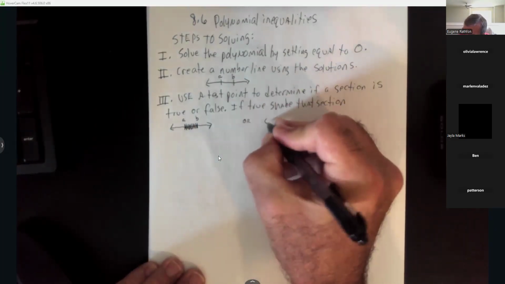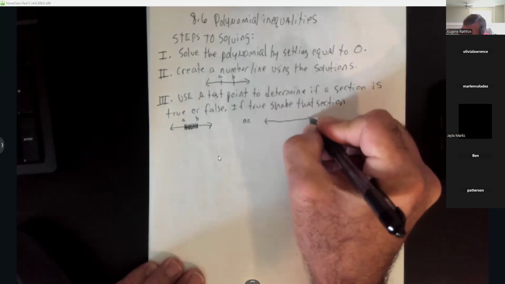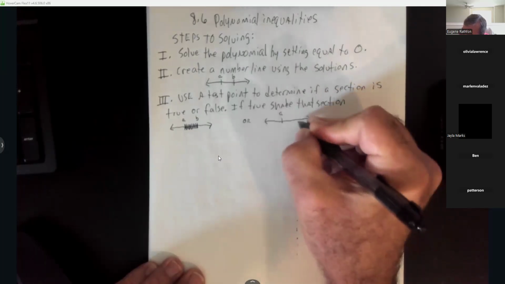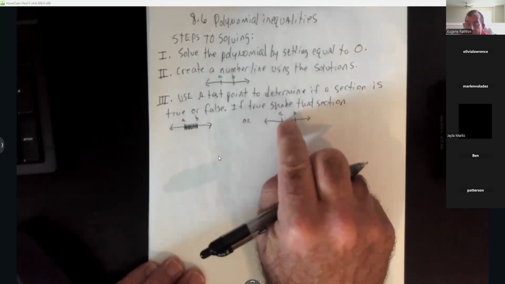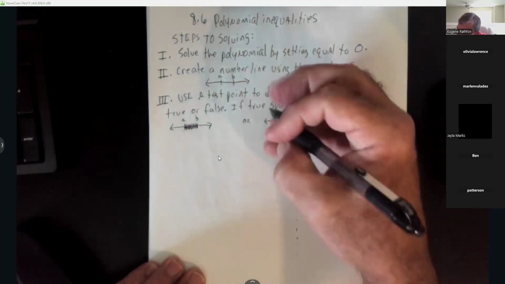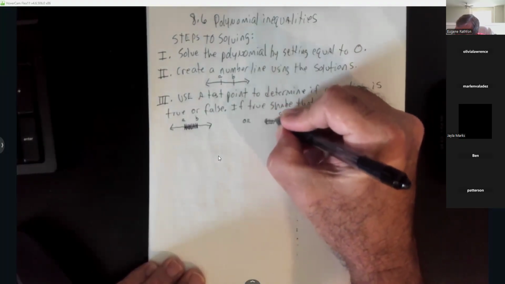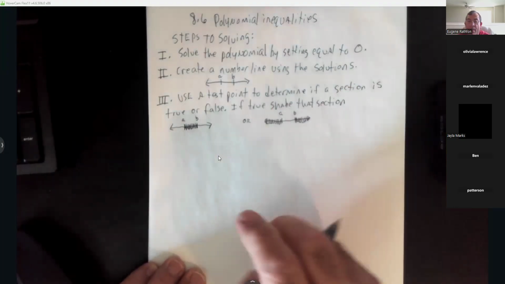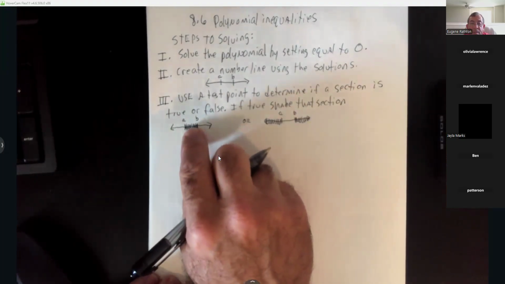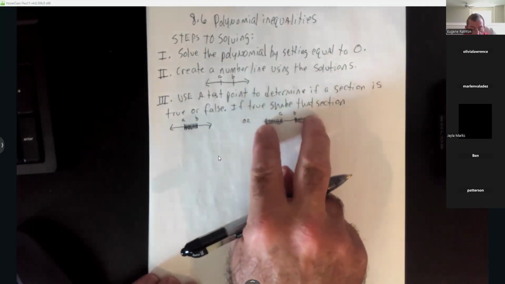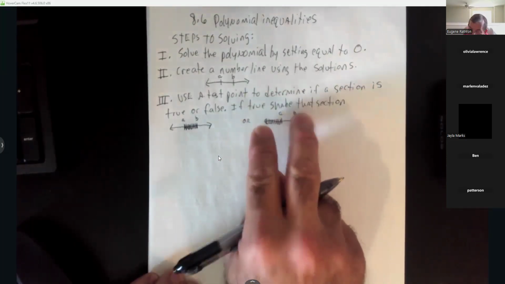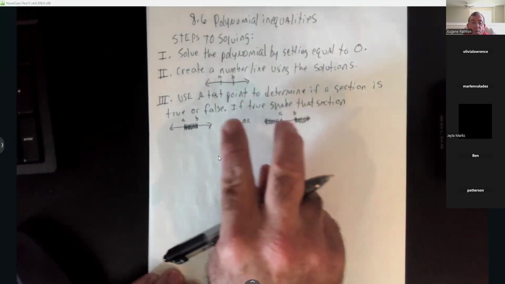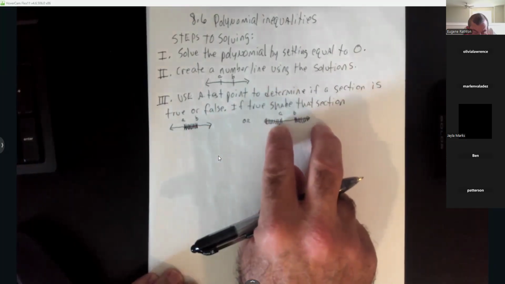Now, if you tested it, if it's false in the center, then that means it's going to be true on both of the ends. So it's either true in the center or it's going to be true on the ends here, okay? It's going to be one of these two cases when you got two numbers.